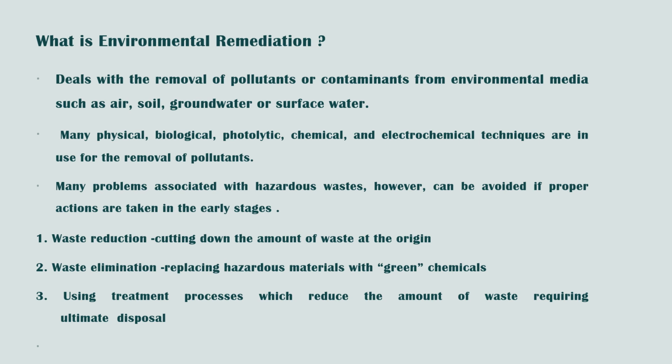In the initial stages, we reduce the waste that is dumped into the surrounding environment as a sediment or as a solid substance which is going to be there in the environment for a long period of time.